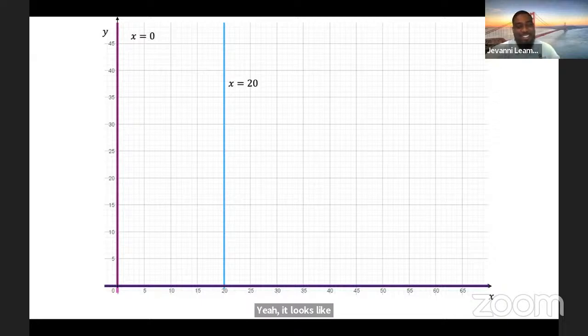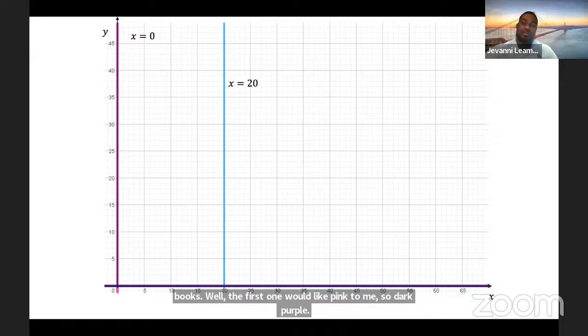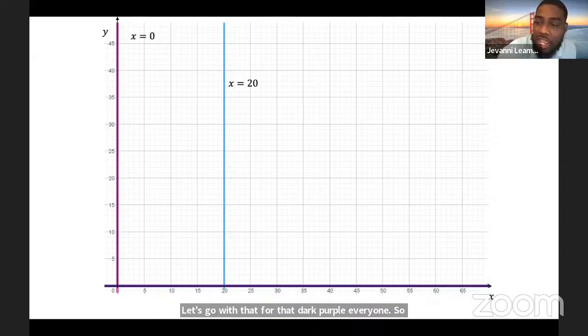The first one looked like pink to me, so let's go with dark purple. So what does that represent? I'm seeing y equals 0, McCarthy. Anyone else? Y equals 0.